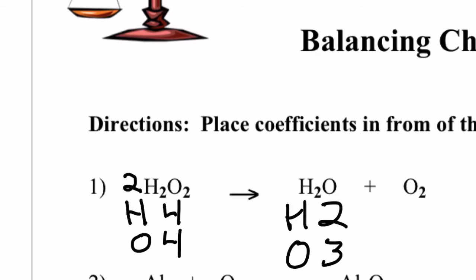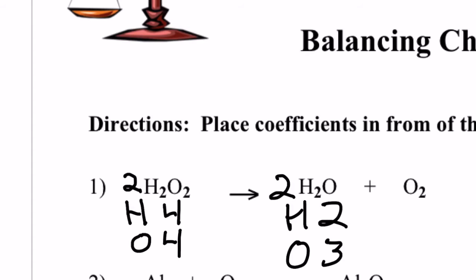So I need to figure out how I'm going to balance my product side. Since my hydrogens are so much lower, and I only have hydrogen in this compound, I'm going to start there. Let me try putting a 2 there.